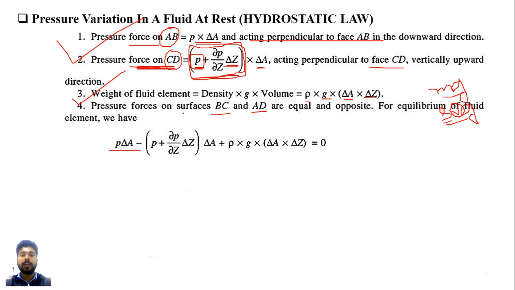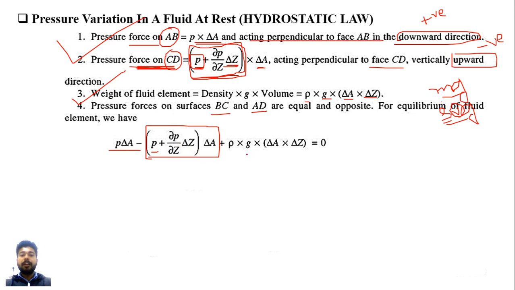If the downward direction force is positive, then the upward direction force will be negative. So this upward force is (P + ∂P/∂Z · ΔZ) × ΔA. P is our original pressure, and ∂P/∂Z · ΔZ is the change in pressure due to the height ΔZ.